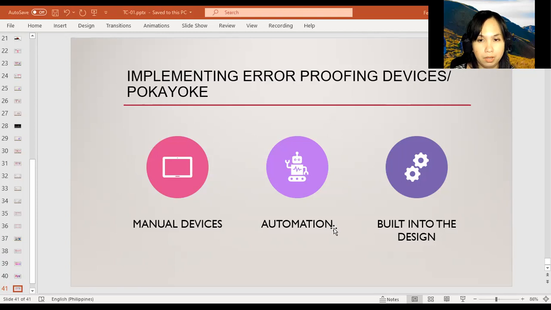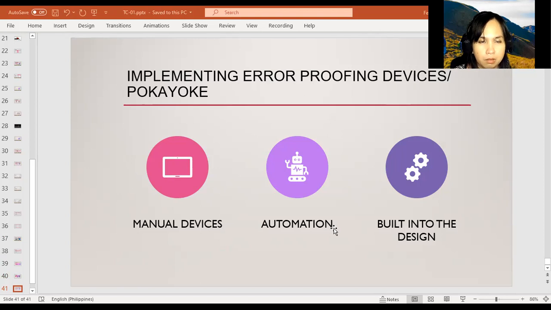And then we have the third: error proofing can be built into the design of the product or service. So for example, a diesel fuel nozzle is typically of a different size than a gasoline nozzle, making it difficult for someone to mistakenly put diesel fuel into their gasoline powered vehicle.